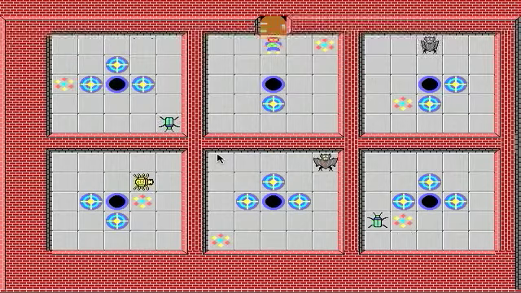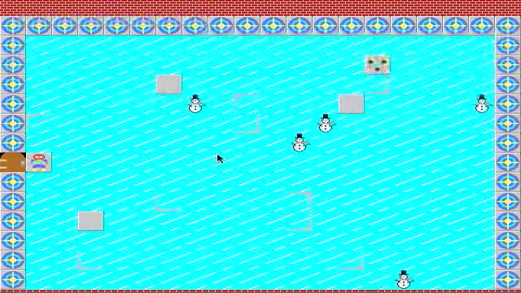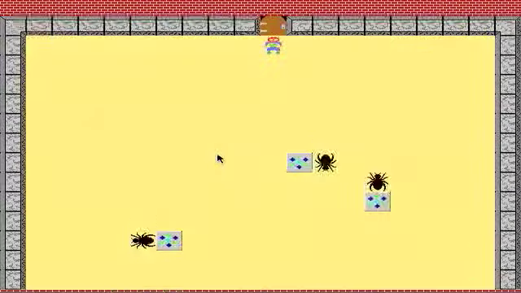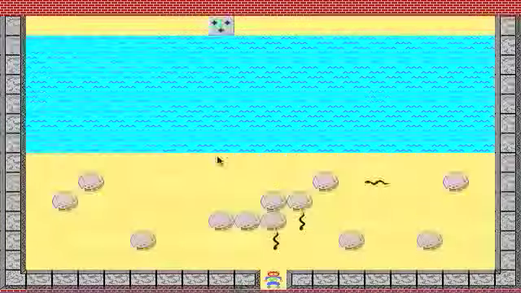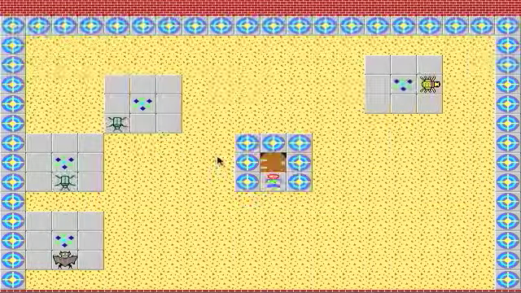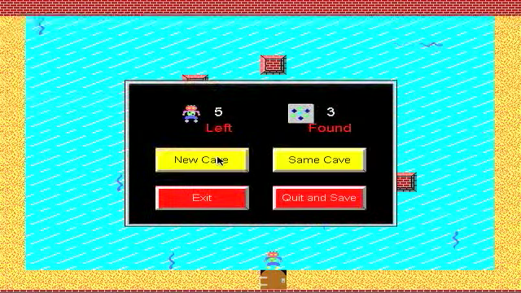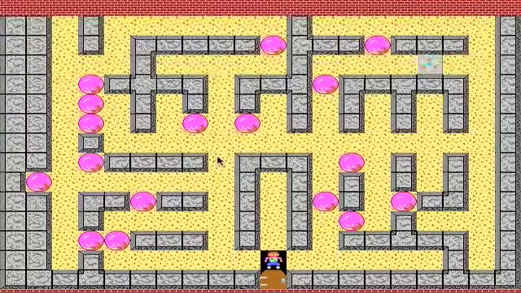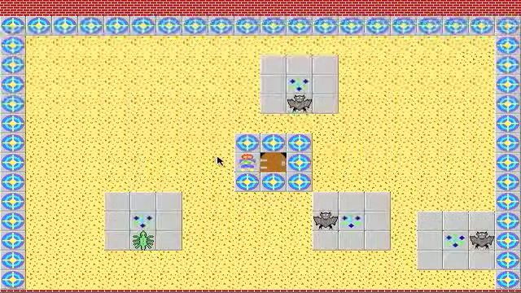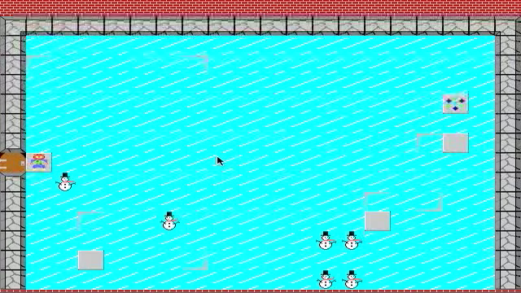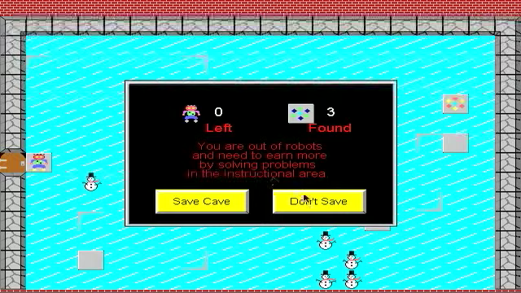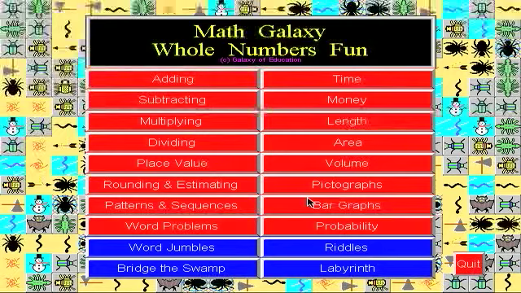So another type. So those have been some examples of the mazes.